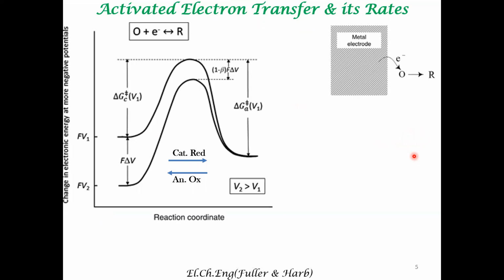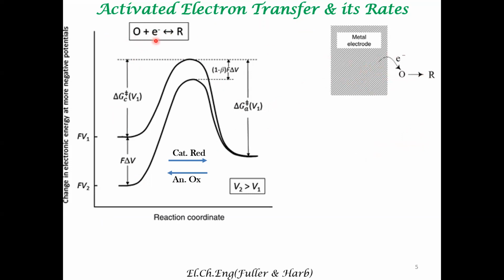Moving on, we are introducing what appears to be an information-rich diagram. This is called the potential energy surface that is relevant to this electrochemical system indicated here.